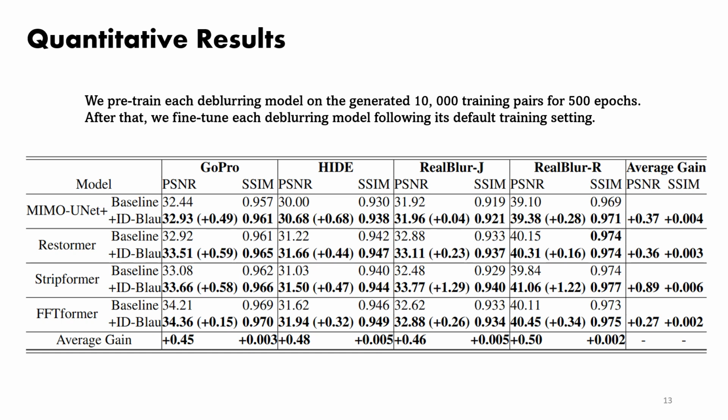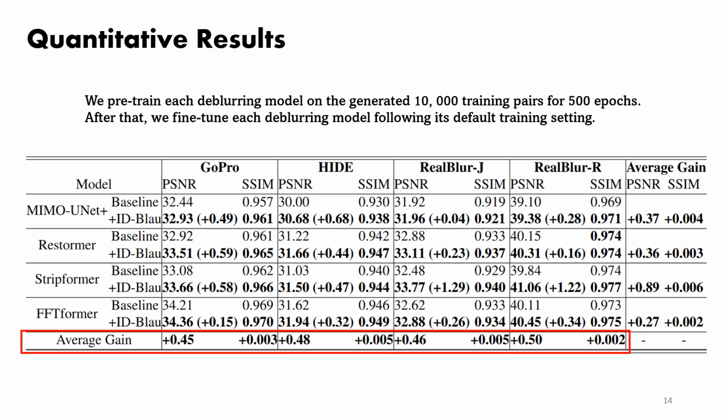Moving on to the experimental results. We adopted 4 recent image deblurring methods: MemoNet, Restormer, Stripformer, and the state-of-the-art FFTformer. To demonstrate the effectiveness of ID-Blau, each deblurring model was pre-trained on 10,000 generated training pairs for 500 epochs, followed by fine-tuning on the GoPro training set using default settings.